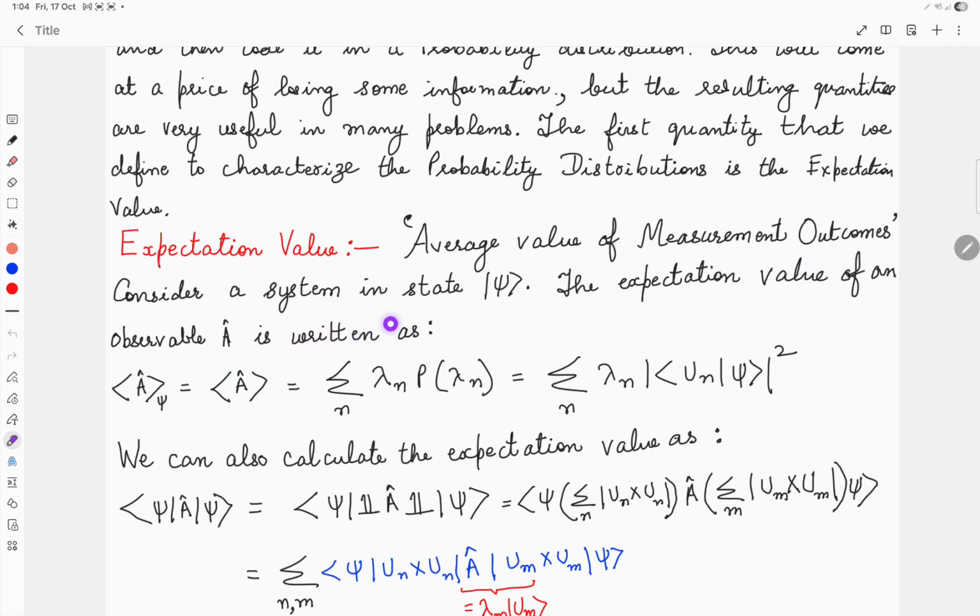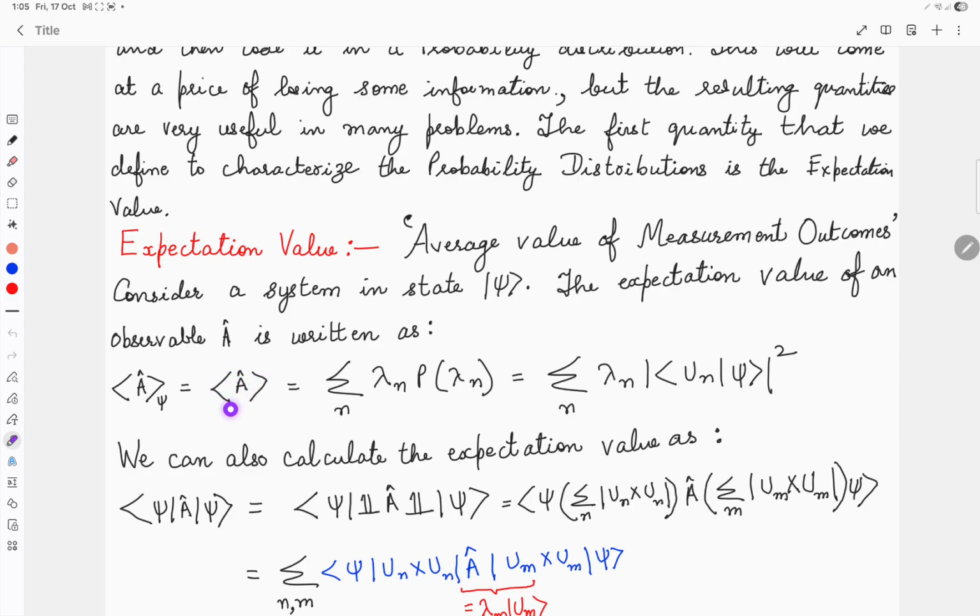Now consider a system in state psi. The expectation value of an observable A is written with two angled brackets, this is how we denote the expectation value of observable A when the quantum system is in state psi. Or we can simply remove this state psi and use the two angle brackets and the observable.